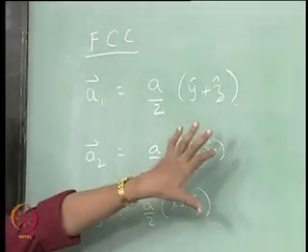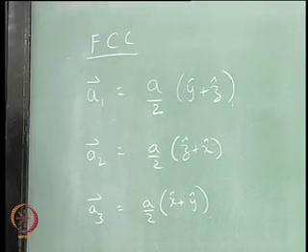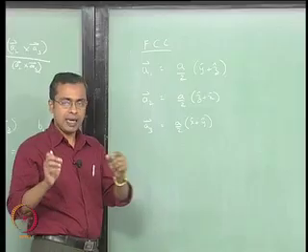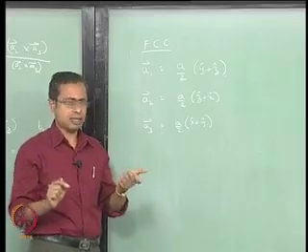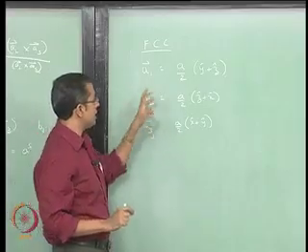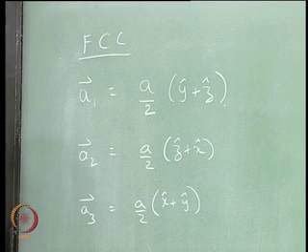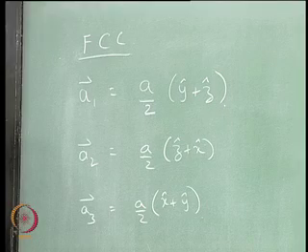Initially maybe these vectors do not immediately convey the sense of a face centered cubic structure that you are more familiar with, but if you take a moment you realize that in fact it is. These are vectors which connect the origin of that face centered cubic structure to the 3 face centers.